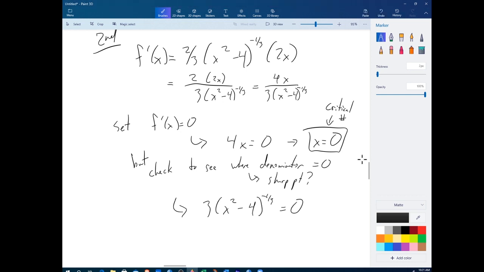And very conveniently, the only part here that matters that could set me equal to 0 is if I get the inside of the parentheses equal to 0. And again, it's always a better idea to factor than to solve this like an ogre when you have a squared, so you don't miss one of your answers.